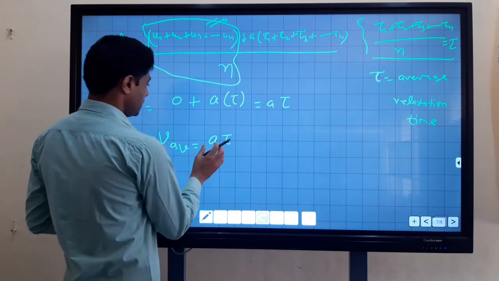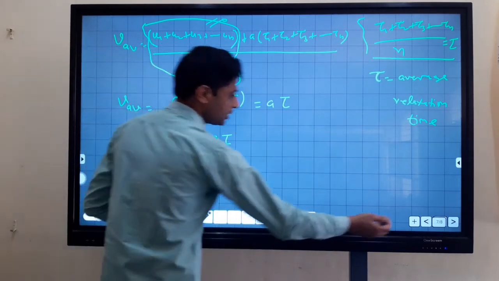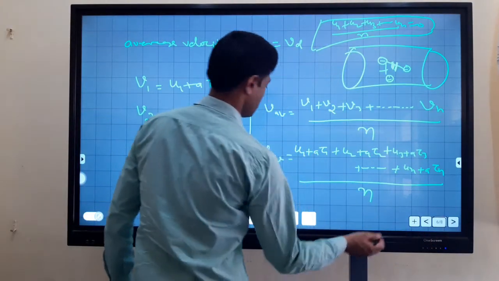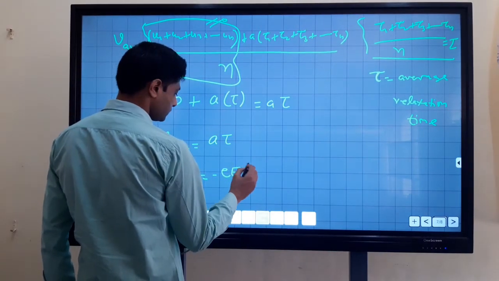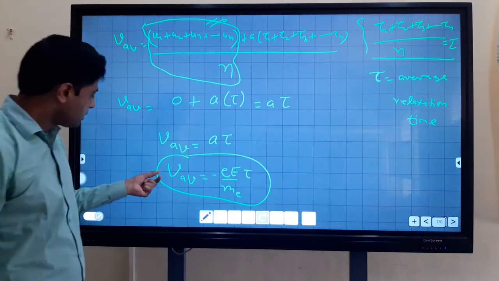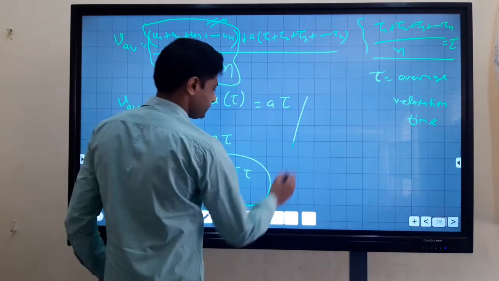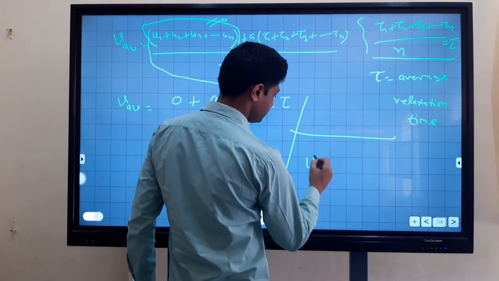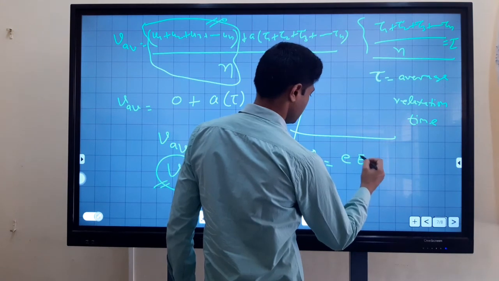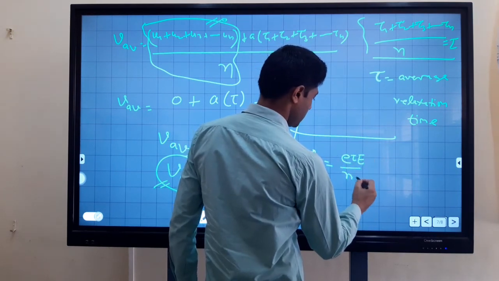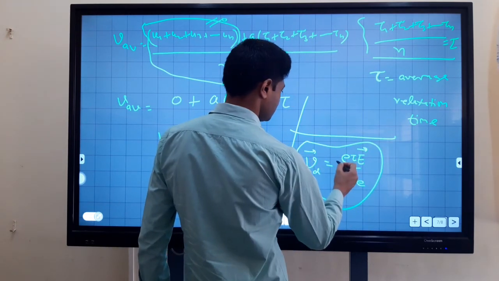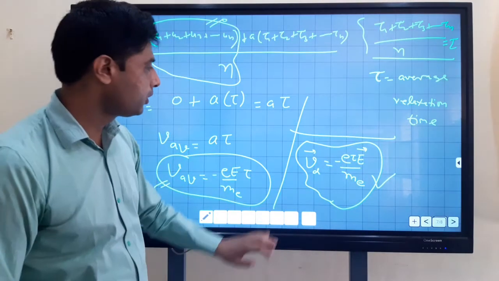By putting the value of a, which is minus eE upon m, we get the value of drift velocity: V drift equals minus eE tau upon m. That is the value of drift velocity.